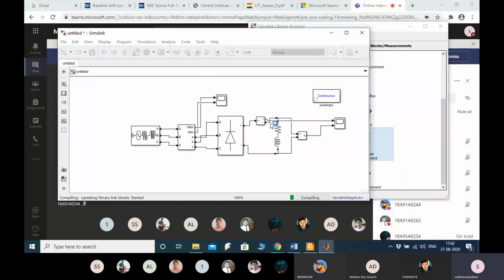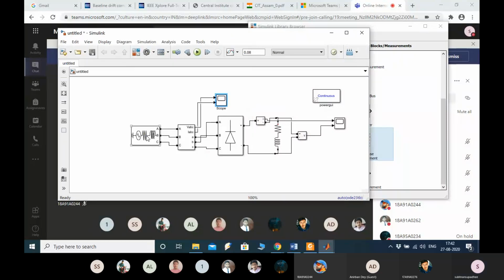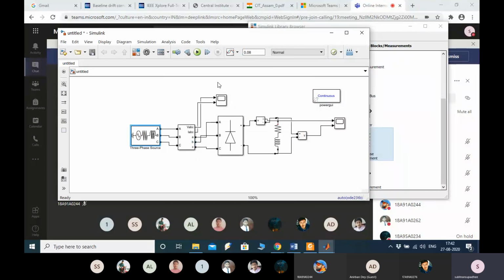Now let's run it. Something went missing. Let's check what happened. We need 400 volt, 50 hertz.